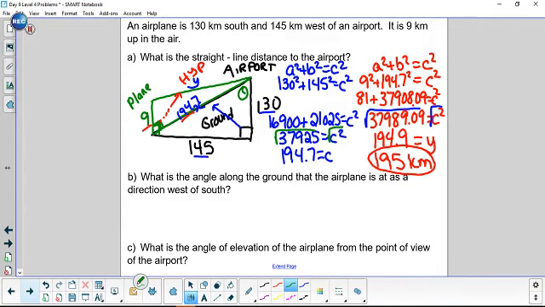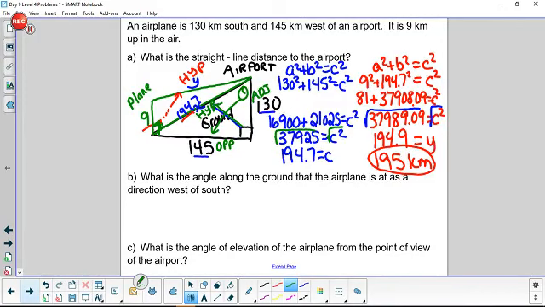Now in this ground triangle, we know all three sides, so we can use any of the trig functions. The important part is that we label our triangle properly so that when we pick a trig function, we use the right values. So across from the 90 degree, there's our hypotenuse. Across from the angle is our opposite, and our adjacent is the other side.